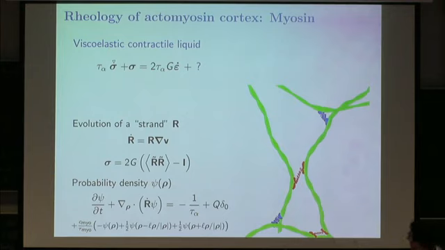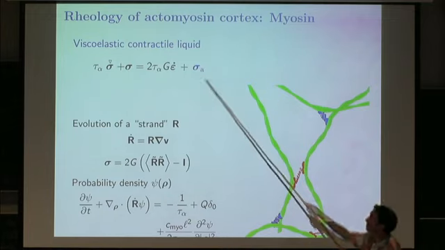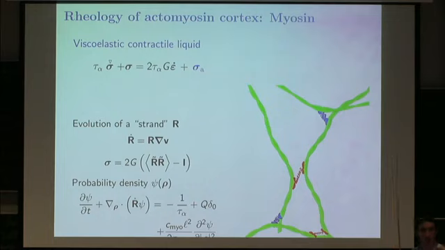And this can be approximated with a second derivative. I'm sorry, this is the modulus of rho squared. So you have some kind of diffusion, and this yields actually a term which is positive, which has a non-zero resultant, which goes towards contraction.